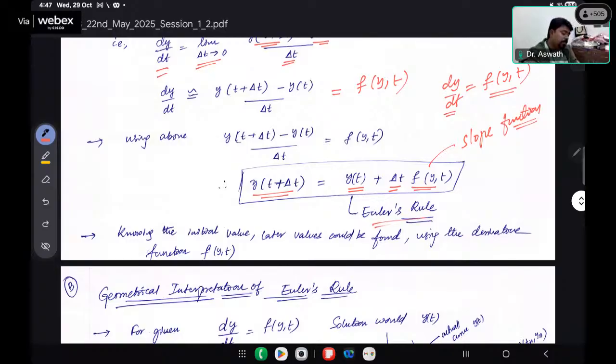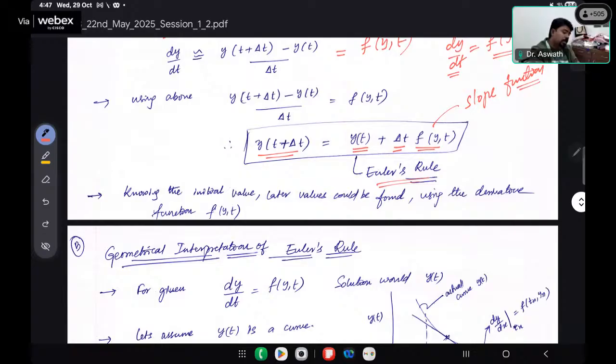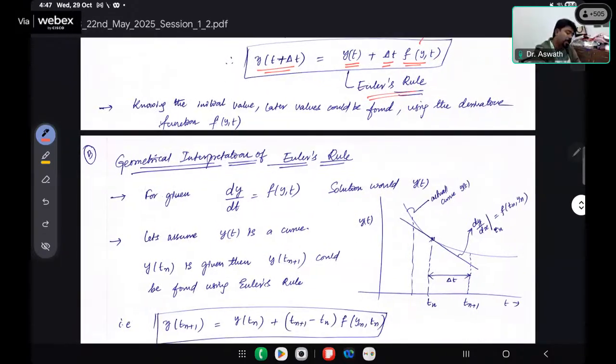So the geometrical interpretation of this method is, let's say I know in advance what my y of t is with respect to time t. The solution of this differential equation is, let's say, some curve like this.